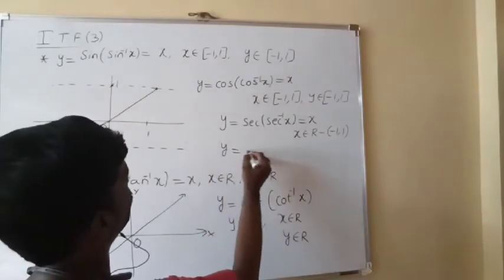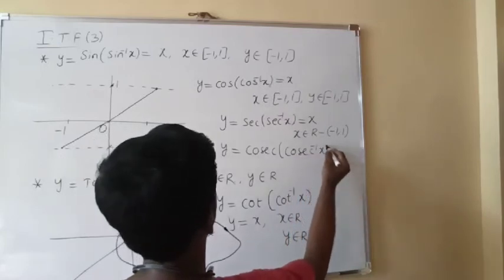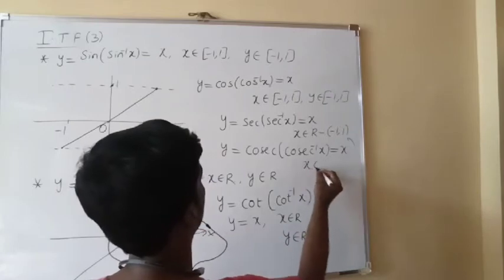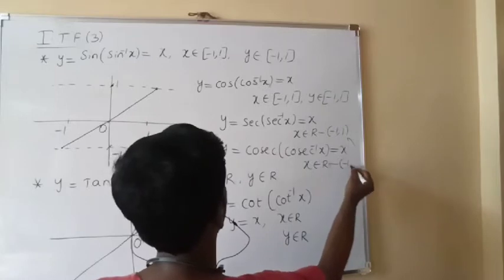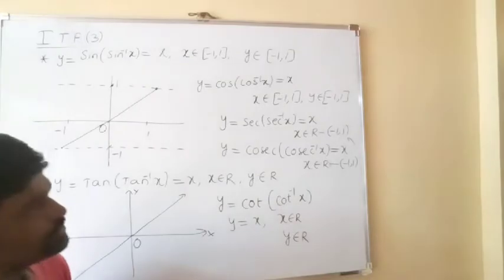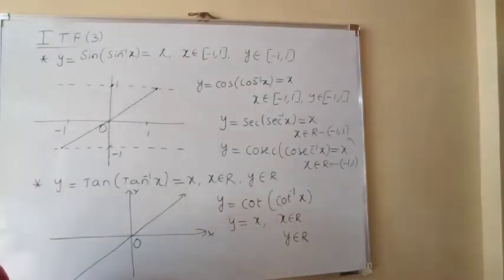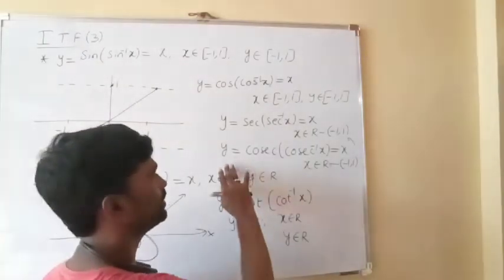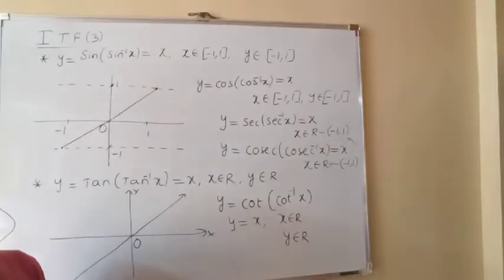Similarly, the graph of y is equal to cosecant of cosecant inverse x is equal to x, with x belonging to R minus the open interval minus 1 comma 1. So the graph of secant of secant inverse x and the graph of cosecant of cosecant inverse x are the same because their domain is the same. Obviously y is the same as x, so the range is also R minus the open interval minus 1 comma 1.